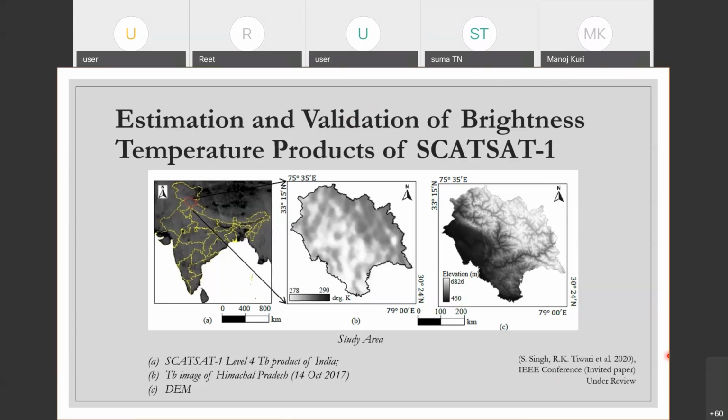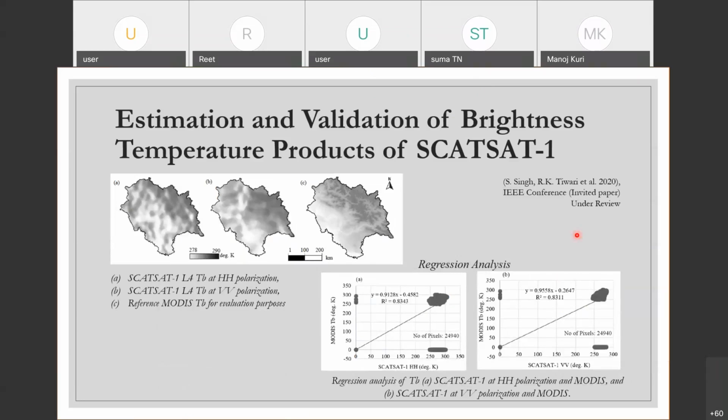So we used the SCATSAT-1 data and MODIS brightness temperature and compared them to find out the correlation between these two datasets.